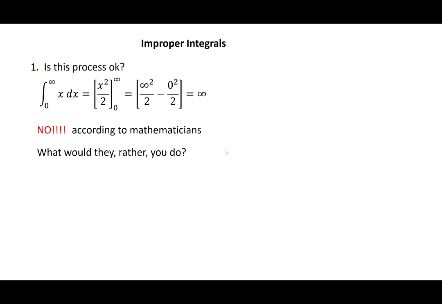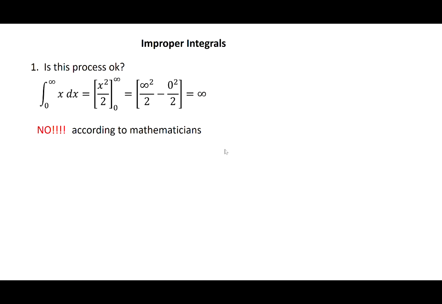Especially if somebody were to hear me, they'll go, Sam, did you say plug infinity? And you said infinity squared is infinity. And man, you need to be fired, they would say. So what's the problem? Why do mathematicians object to an approach like this?